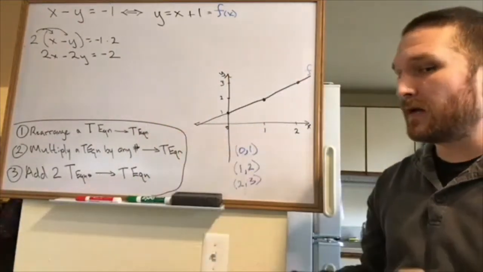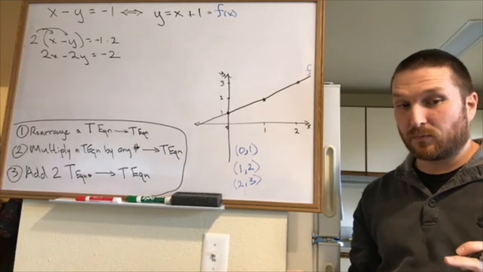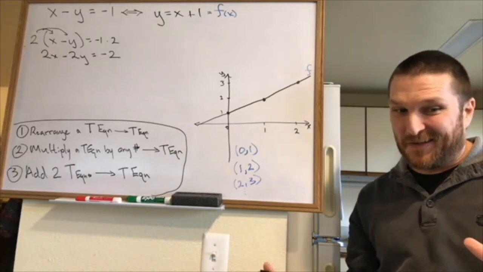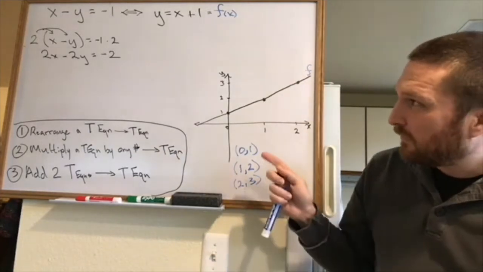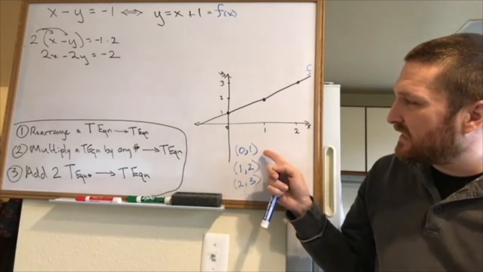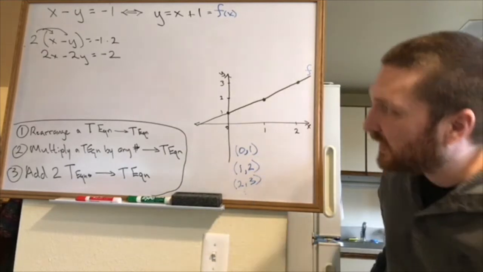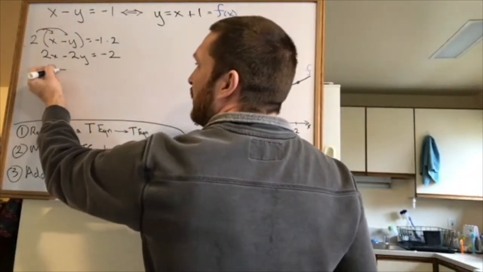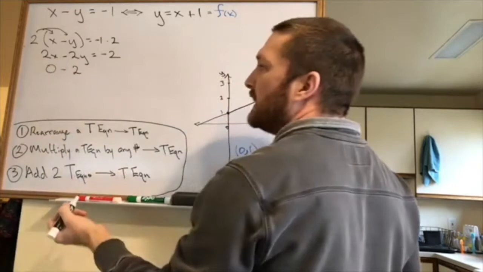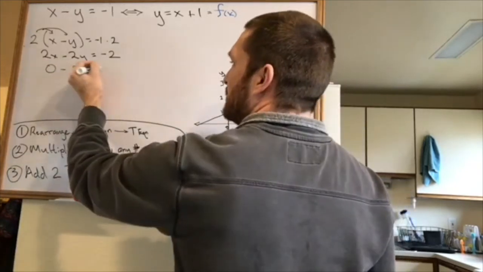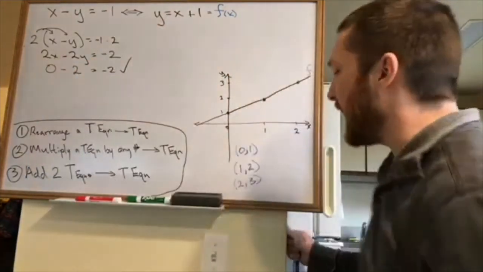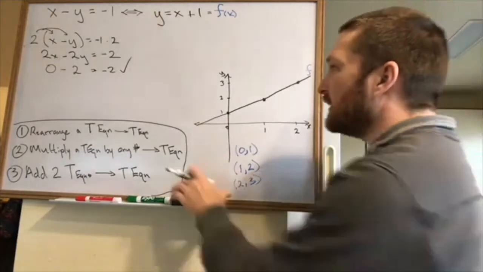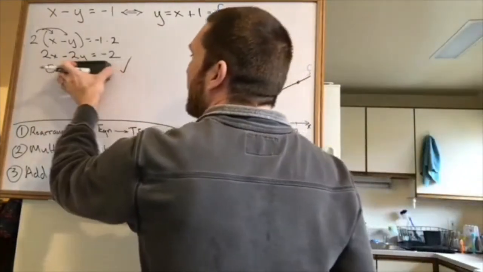And now, does it give me a true equation? Well, again, true where? Let's see, if we plug in a 0 and a 1, so if x is 0, then we get a big 0 here. Plug in a 1 for y, you get 0 minus 2, which is indeed equal to negative 2. Check. What about if we plugged in a 1 and 2?